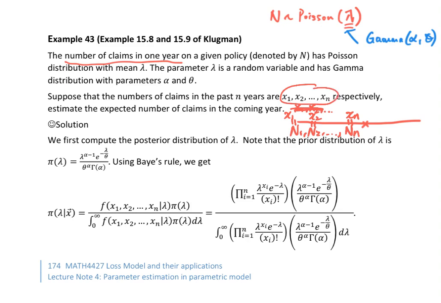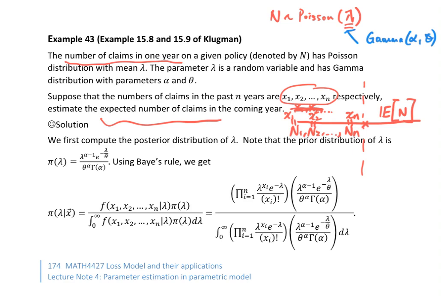This is the past data that I get. What I want you to do is use this set of observations, together with the model assumption, to make a prediction of the claim frequency in the coming year. In particular, I'm interested in the expected number of claims, which is the expected value of N.